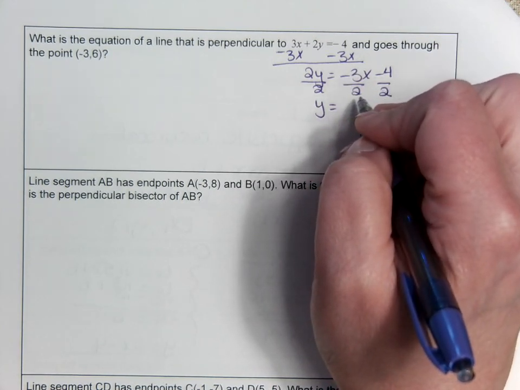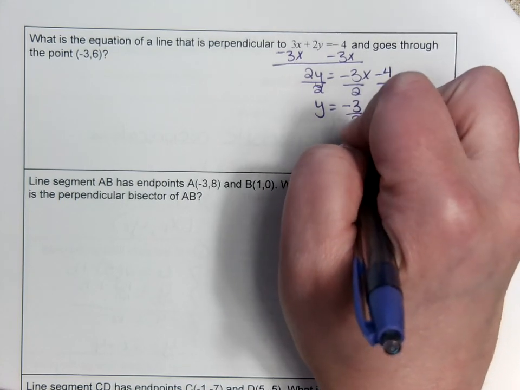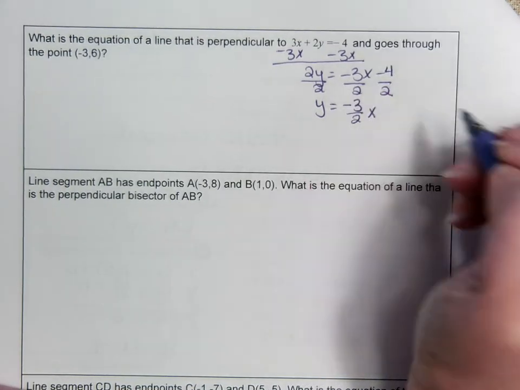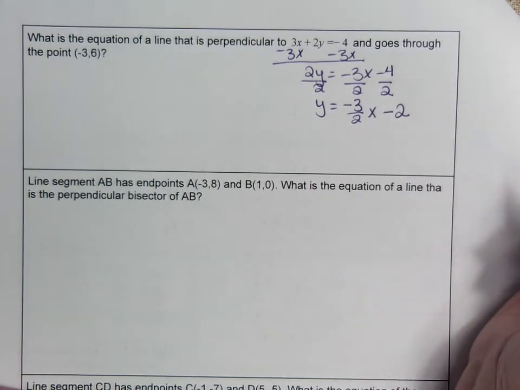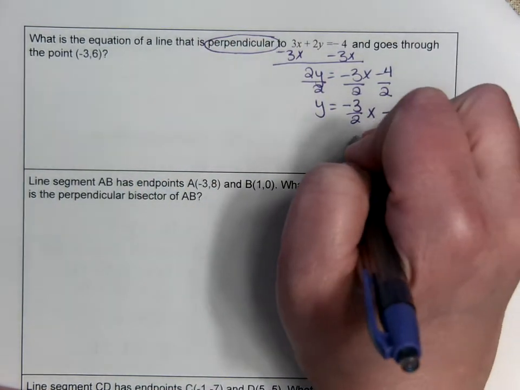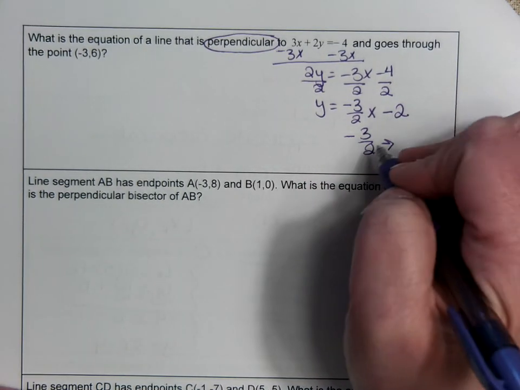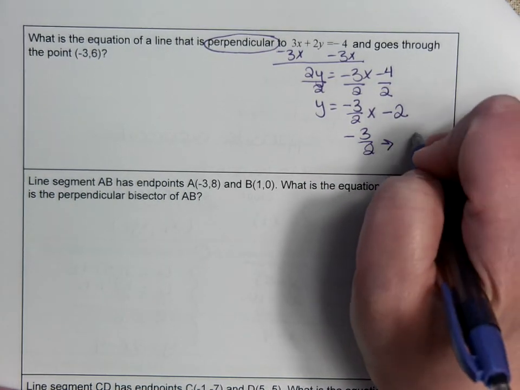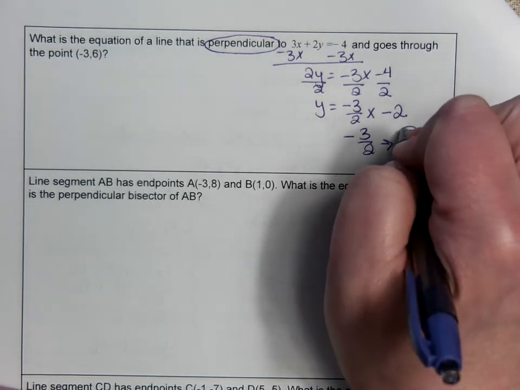Slope is always written as a whole number or a fraction. We can't simplify -3/2, so we leave it as -3/2. And then 4 divided by 2 is 2. And since it's perpendicular, we need to do the opposite reciprocal of our slope. So we're going to change the negative to a positive and then flip our fraction. So it's going to be 2/3 for our slope.